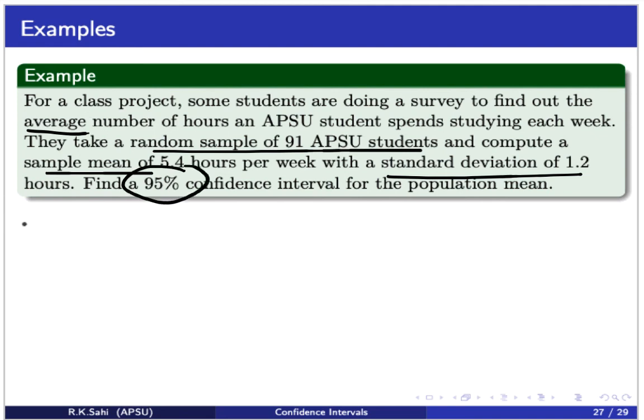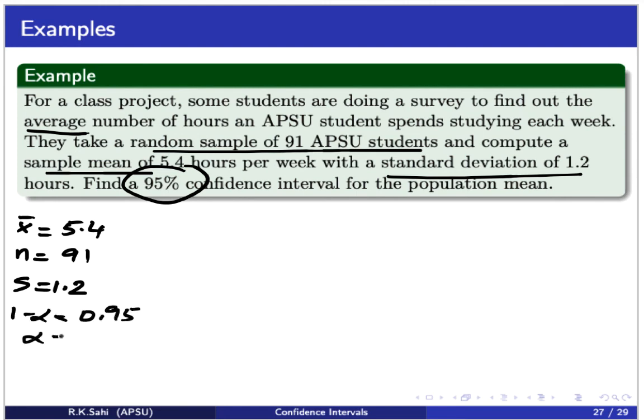So the things which are given to us: the sample mean is 5.4. The number of samples is 91 students. The sample standard deviation is 1.2 hours per week. And our confidence level, 1 minus alpha, is 0.95. That means alpha is 0.05.